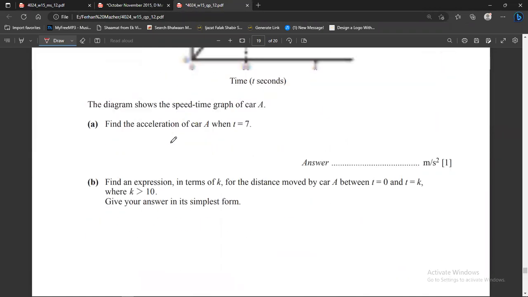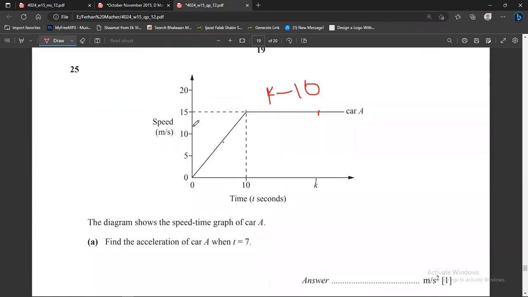Car B is moving at a constant speed and its speed is 12. The 12 will be somewhere here, and so it will be a straight line. I'm making this with the help of a mouse, so my line does not seem to be exactly horizontal, but this is horizontal. Here we have 12, so it will be a graph like this.